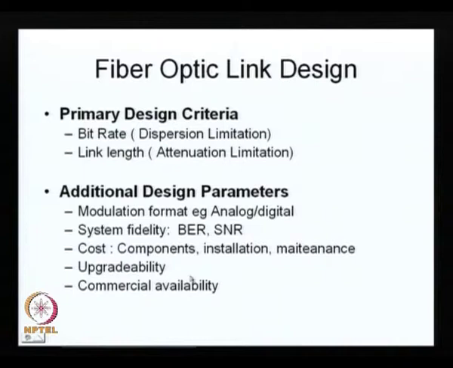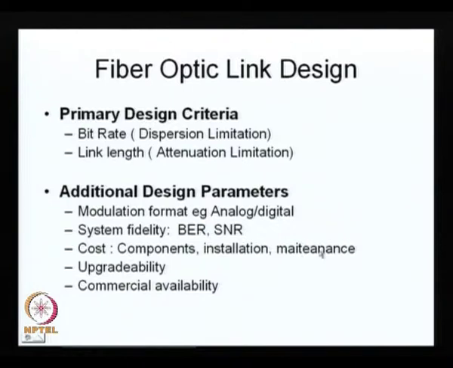Then, since the technology is not very static, and if you look at the advancements which have taken place, there are rapid changes even over a span of a few years. So, if we design an optical communication link, by the end of its life, which is 20 years, let us say, most of the technology is going to be obsolete, because electronics is changing very rapidly.